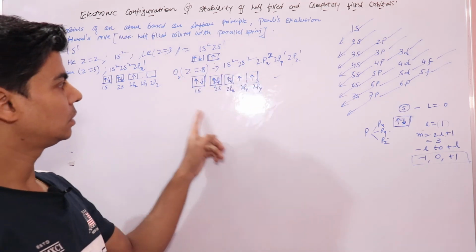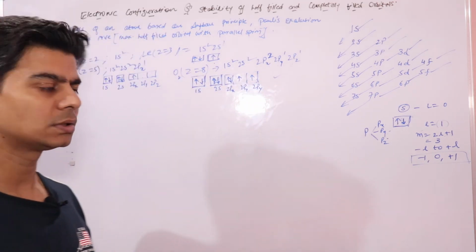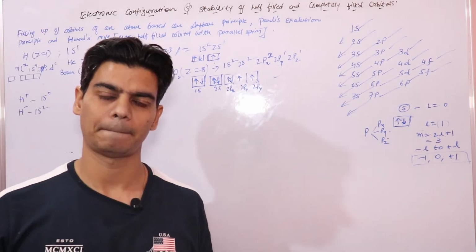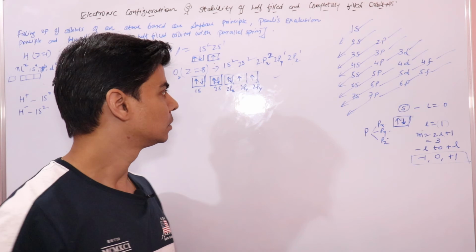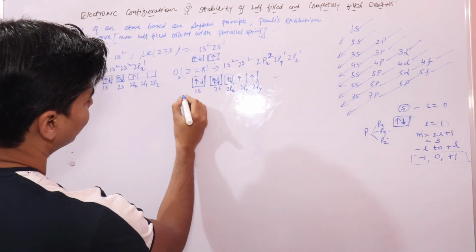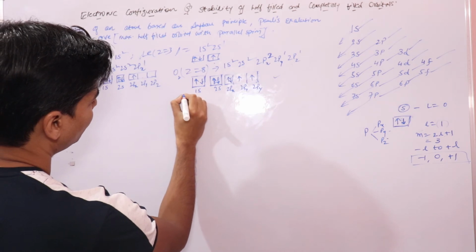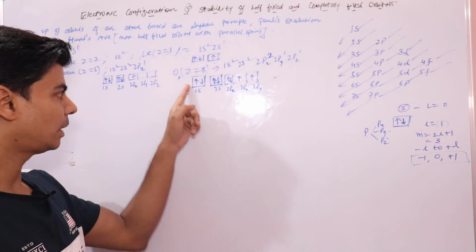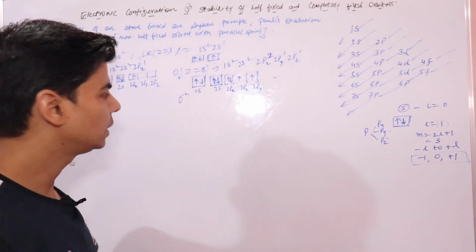We have understood the electronic configuration for oxygen. Now what is the electronic configuration for the oxide ion? How will you represent the oxide ion? It's O minus 2. It has two extra electrons. Why can it accommodate two electrons?